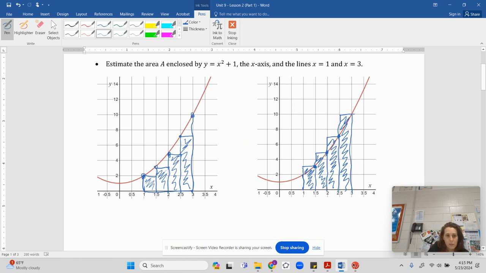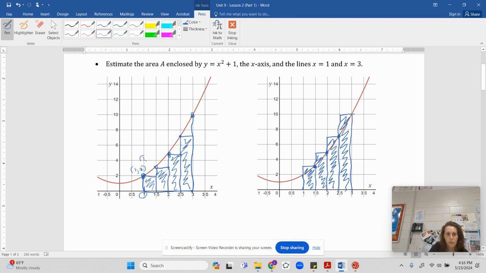To find this point here, we can substitute 1 into the function x squared plus 1. So 1 squared plus 1 is 2. So I can see that the height here of the first rectangle is 2. That's the point 1, 2. If I substitute 1.5 into that function, I get 3.25.